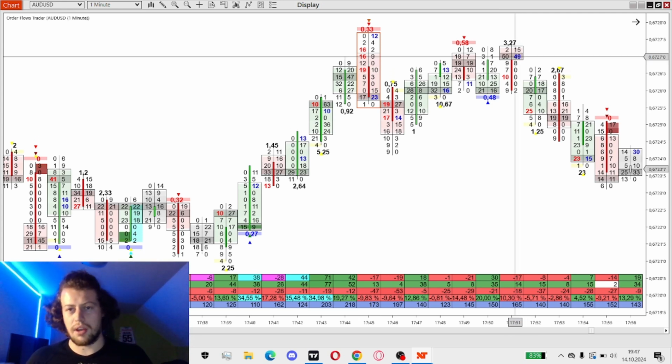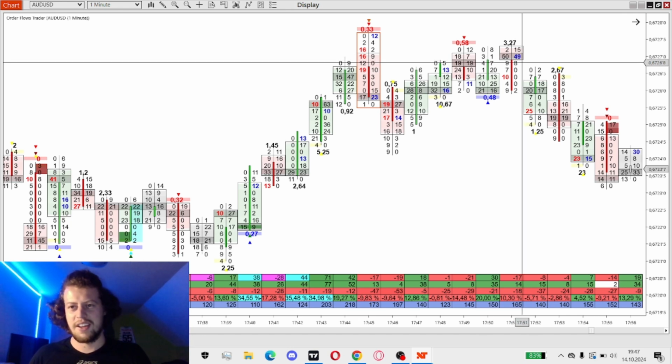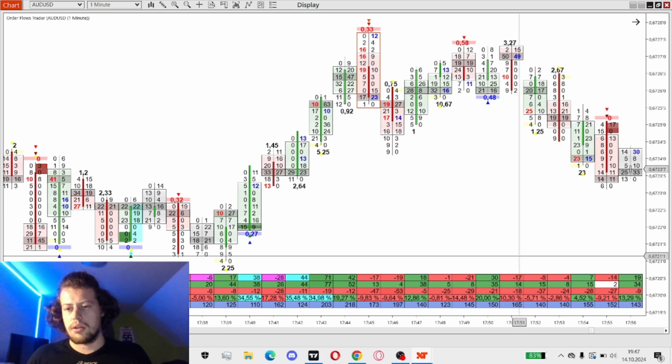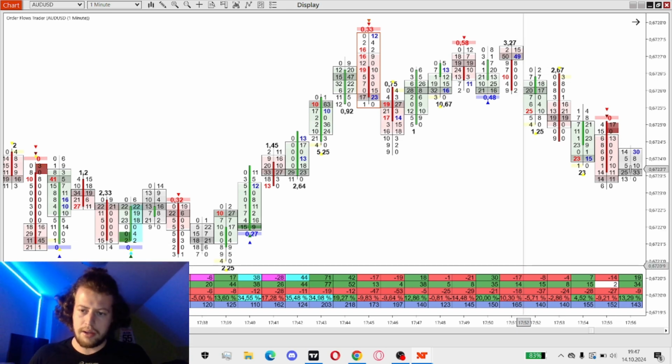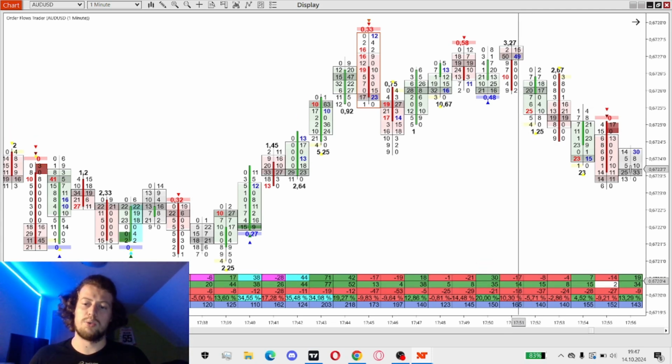Like when you have a rocket, you want to have the engines on the bottom, so that the rocket goes up. So this is an inverse rocket, and it goes down. Okay, let's look at the delta. We have negative 17 at the close, so it went to a max of 14.